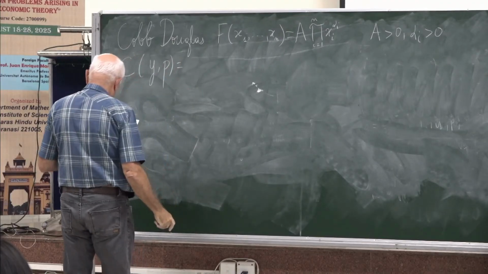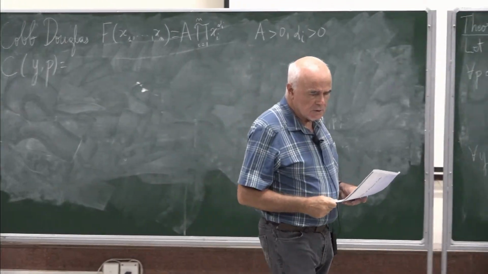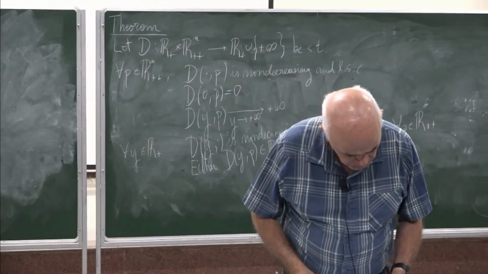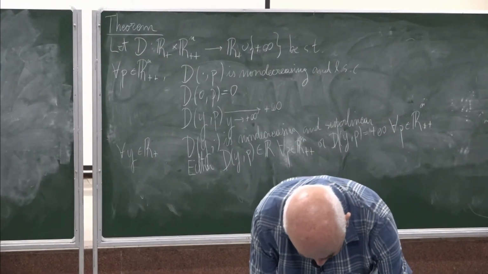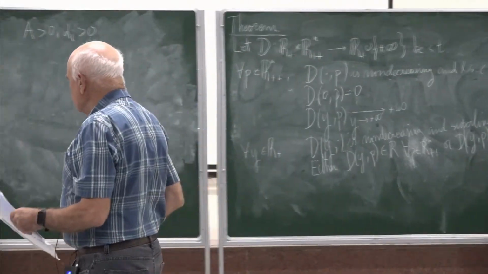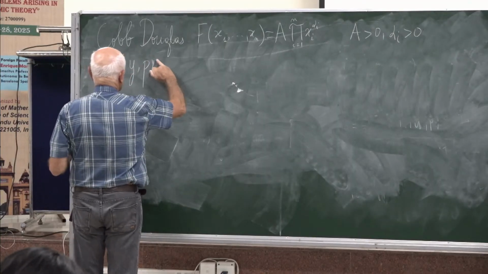And after some complicated computations, where do I have this expression? Yes, I have it here. Then we saw that, okay, p is (p_1, ..., p_n).